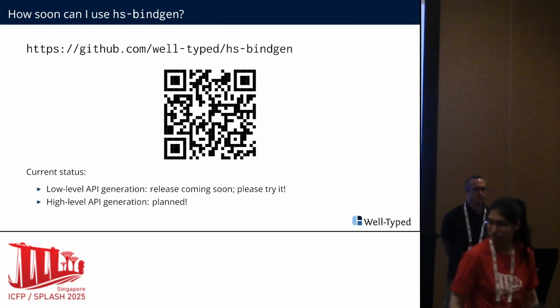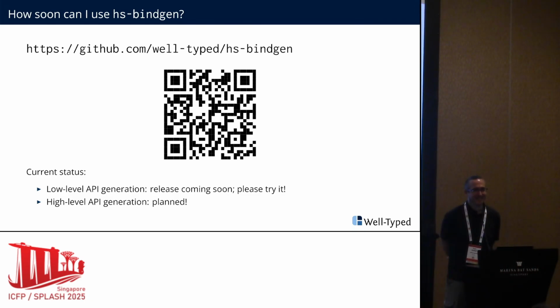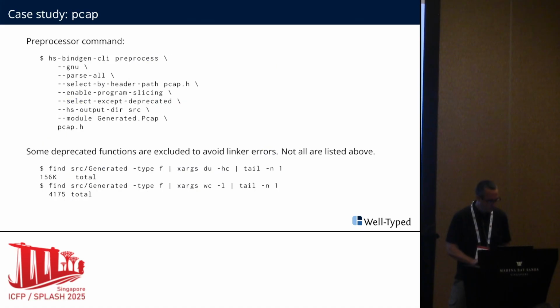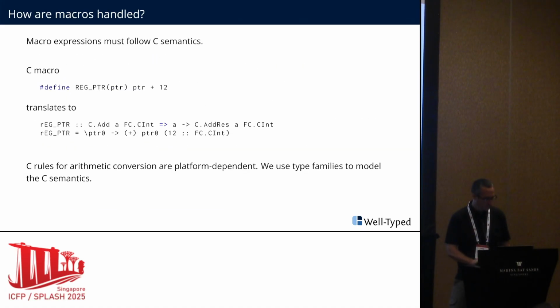I have an actual question. Can you go back to the thing that had the reg-putter macro? Which macro? That one, yes. Now, if that was actually the macro, then that is not the right thing there, because if I use that macro, reg-putter with some p, and then it says times 3, when you expand that macro, that times 3 will be applied to 12 and not the whole thing.